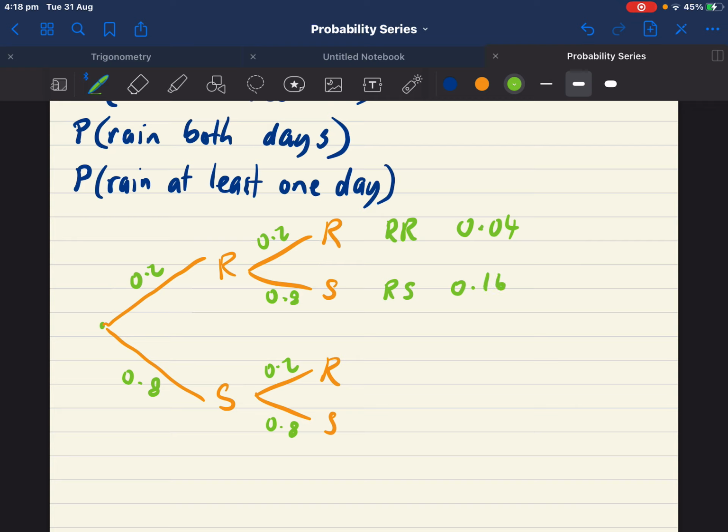The third one down, sunny and then rain, multiplying the arms that lead to that point, you get the same thing, 0.16. And the most likely case, the situation where both days were sunny, you end up with 0.64. Again, it seems a little low for what we really have at the moment. It's not even summer, but what are we going to do? All right, so this is what you should have got from your tree diagram.